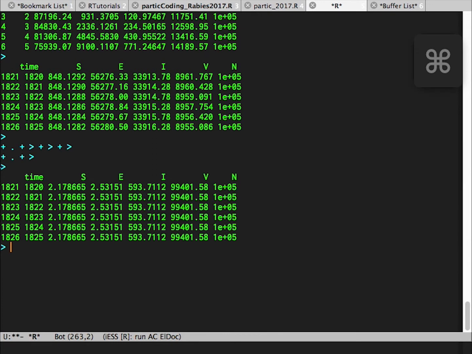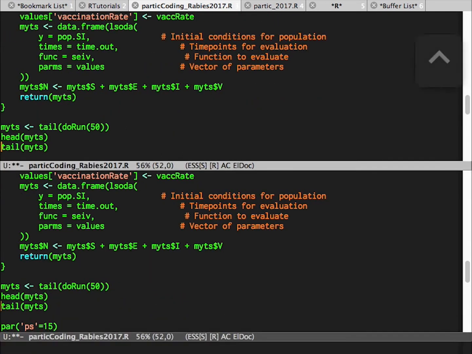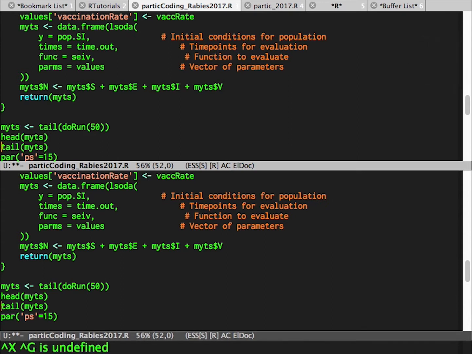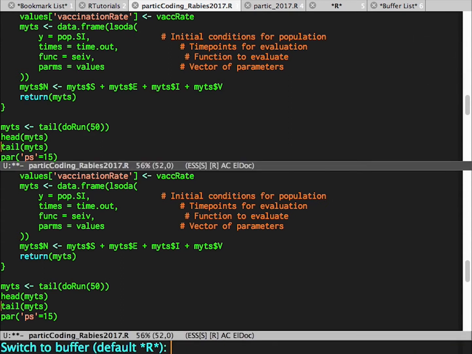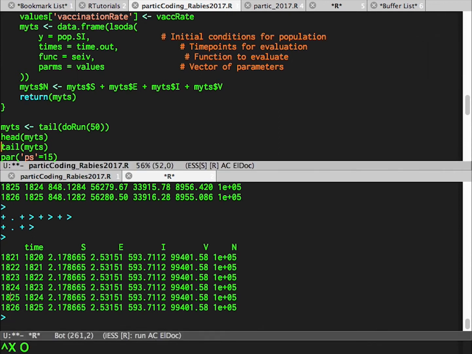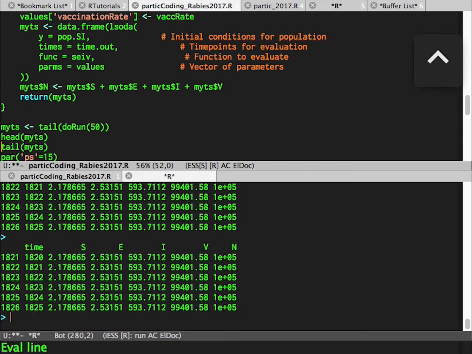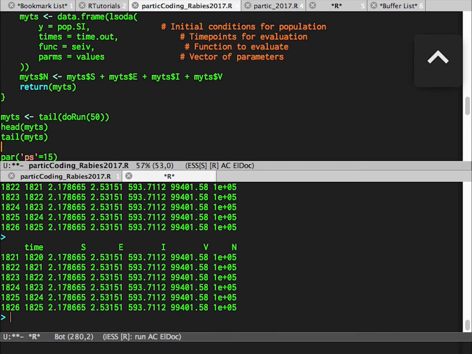Let's see, is it not looking good? So after a couple years, we still seem to have 600 dogs that are rabid. Why do you think that might be?